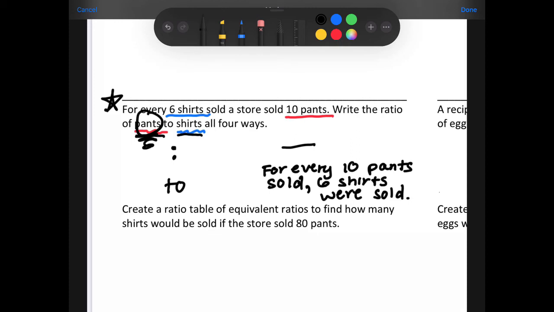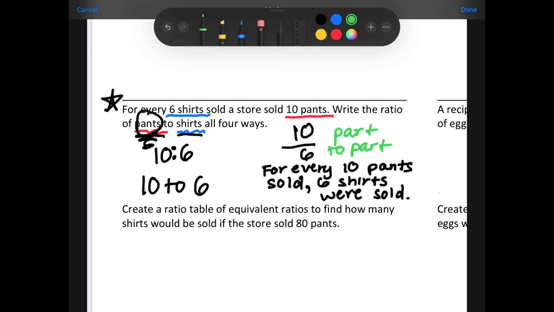And we're going to write this as a ratio, with the number of pants coming first, so 10 to 6 in words, and then as a fraction, 10 to 6. It's another part-to-part relationship because these are 2 different quantities. You can't have 10 out of 6 shirts. The 10 represents the pants.